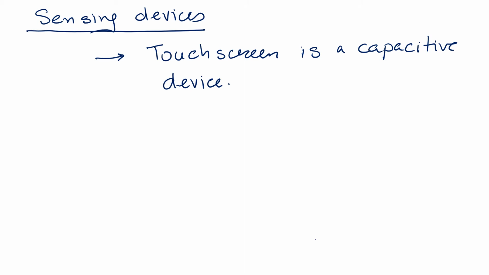So when I bring my finger close to the capacitive screen, the dielectric permittivity changes and the capacitance around that point changes. And an electronic circuit picks up that change of capacitance to decide where I touched and what I wanted to do on the touch screen.